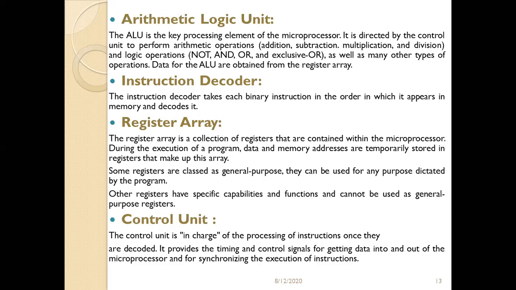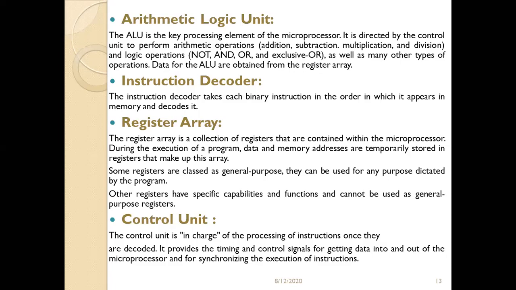Let me simplify those things, the registers. Now you know the scenario of the storage, the memory outside the central processing unit. But what would be there inside the central processing unit? For example, outside the central processing unit, there is ROM, there is RAM, and if you go out, then you will see the hard disk or maybe other storage elements.